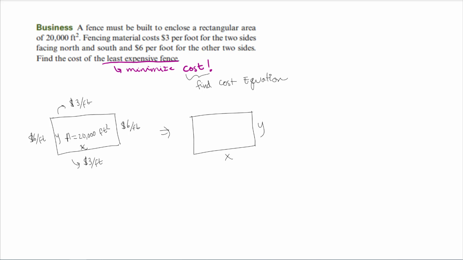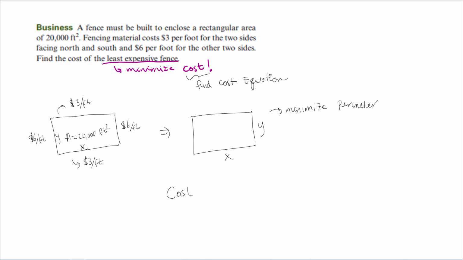The fence means around the rectangular area, so around is the perimeter. So we really want to minimize perimeter, but we need to use the perimeter to find the cost equation.